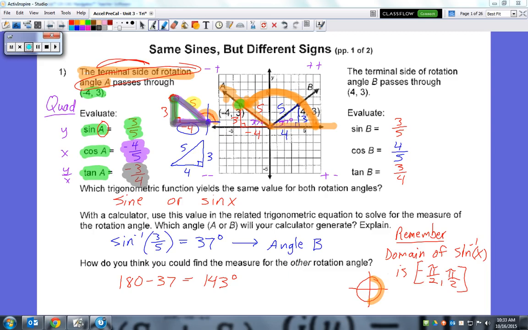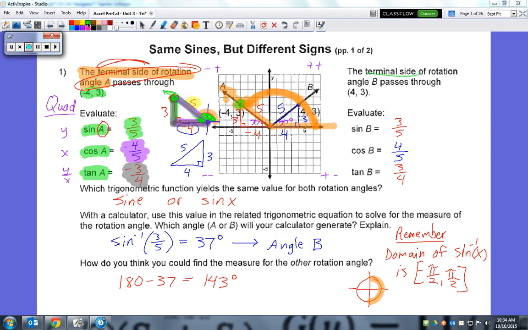Now, I know that the angle that we started with is here, but here's the thing. That angle, because it terminates and goes through negative 4, 3, is going to be the same if I were to do this as a reference triangle and then do it quadrant specific. So we will get to that here at the end of this video, and you'll see what I'm talking about. Let's do my next example.